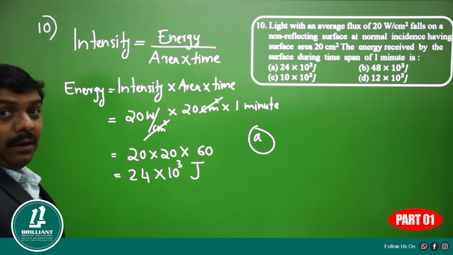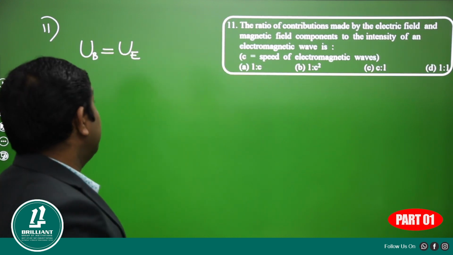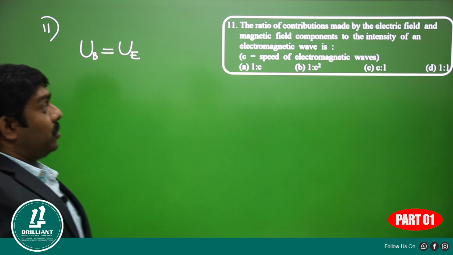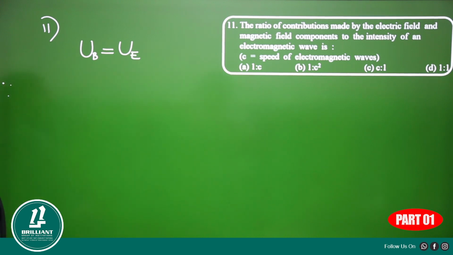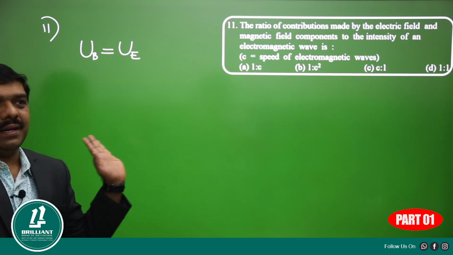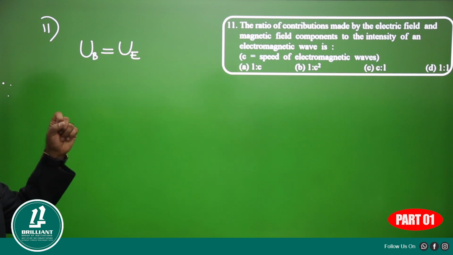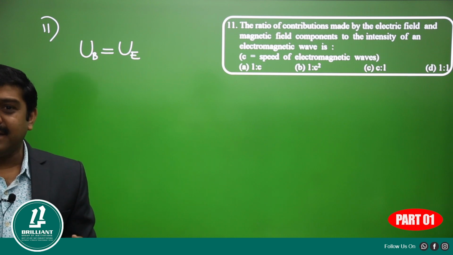Now we are doing the next problem. The question here: the ratio of contributions made by the electric field and magnetic field components to the intensity of an electromagnetic wave. Electromagnetic wave means it has electric field as well as magnetic field. The energy stored in the electric field and the energy stored in the magnetic field for an EM wave remain the same.